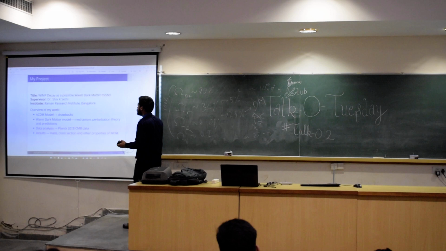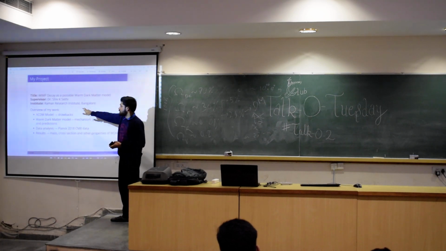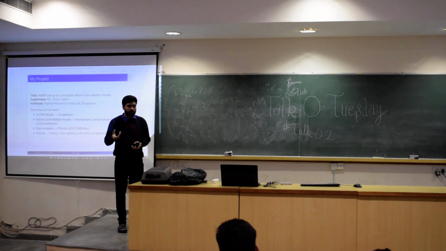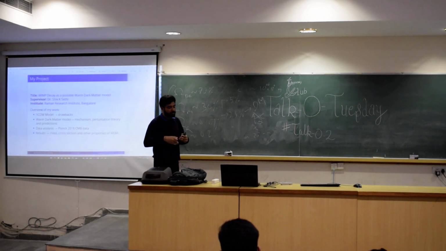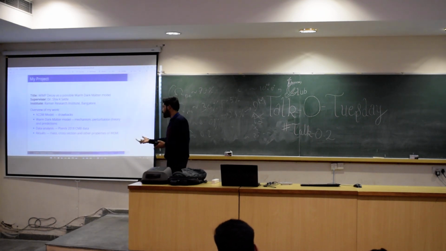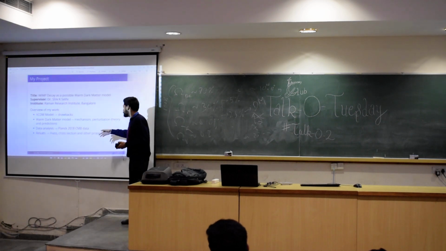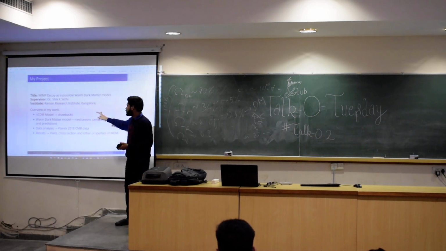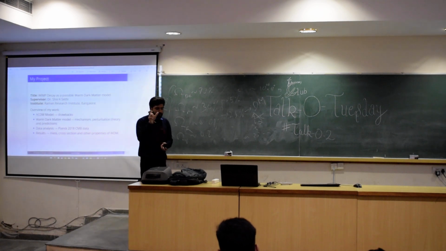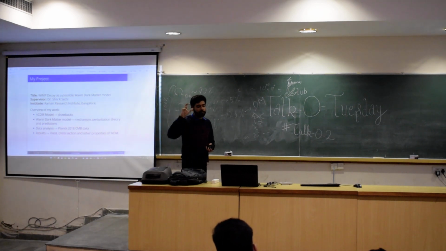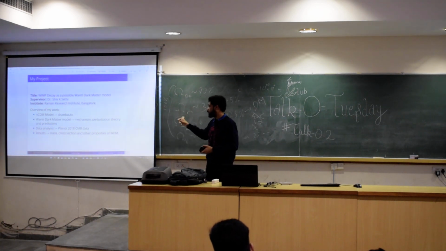I'll just give you a brief overview of my work. We first established the existing models and worked out their drawbacks. Using those drawbacks, we were motivated to take up this warm dark matter model. We proposed a mechanism and its perturbation theory, and the predictions that we had from this theory, we managed to apply to cosmic microwave background data.